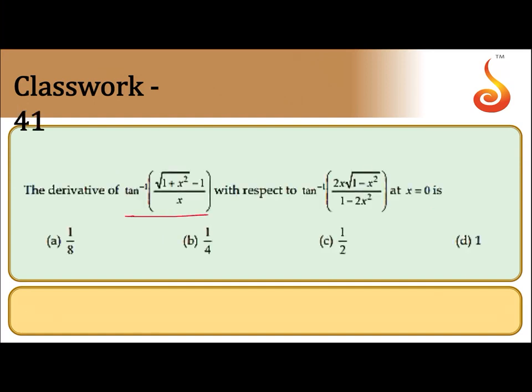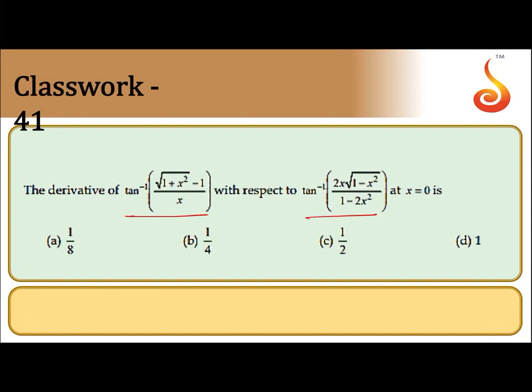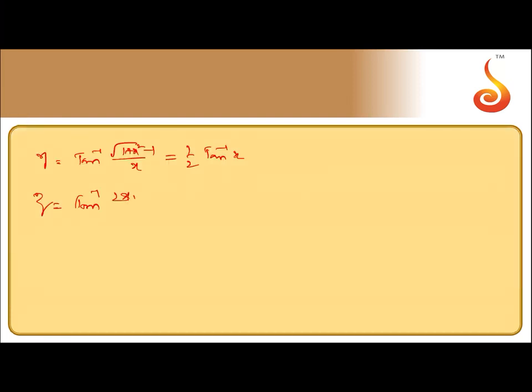Coming to next one. This is half tan inverse x formula, and you need to simplify it by substituting x equals sine theta. So y is equal to tan inverse of (root of 1 plus x square minus 1) by x, which is equal to half tan inverse x. You know that. And z is equal to tan inverse of 2x root of 1 minus x square by 1 minus 2x square.